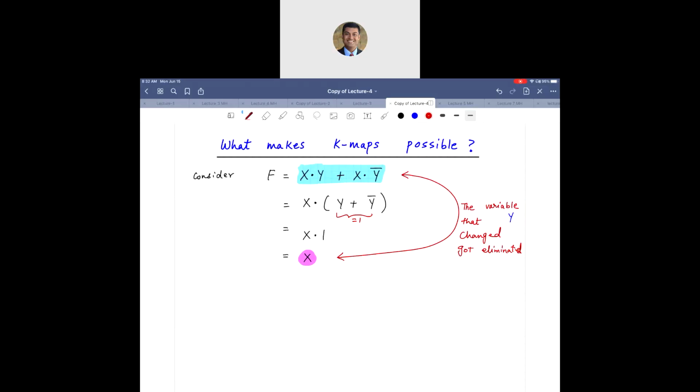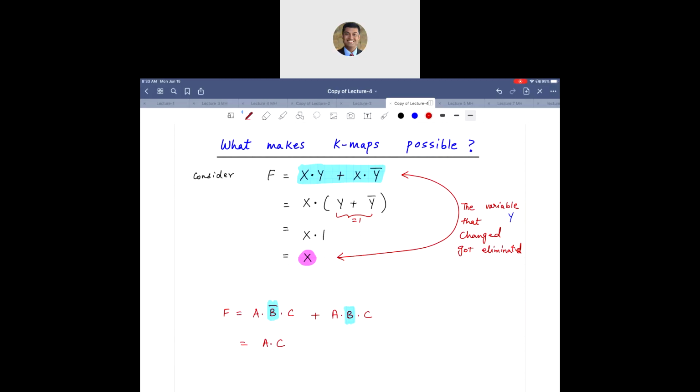So another example that we could write is f say equals a and b complement and c, or abc, and I apply the same logic and I see that there's a b complement and b there, so it gets eliminated and you get a and c there.